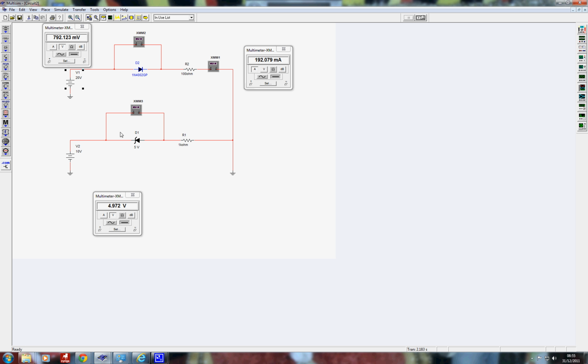A Zener diode is specially constructed to be operated in what's called reverse bias mode. That's where the positive of the supply is connected to the negative of the diode, and the positive of the diode is connected to the negative of the supply.